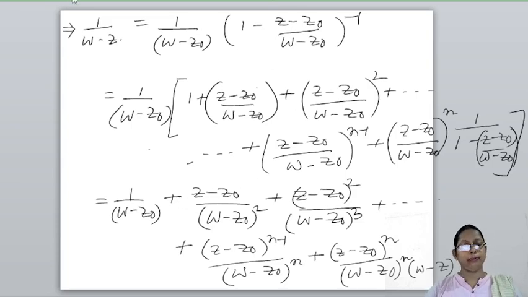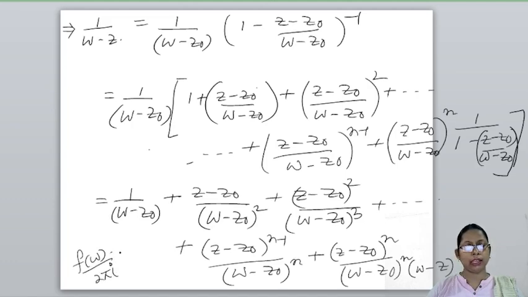Now multiply this equation by f(w) by 2 pi i and take the integral over C. So I will get this.